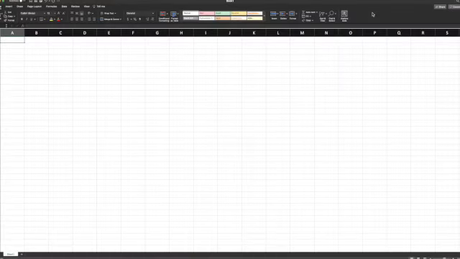Okay, so here we are in the spreadsheet. We're going to start with something really, really simple. Because we're trying to find out what the land is worth, we're actually going to go in reverse. So we start with our revenue and work our way down.